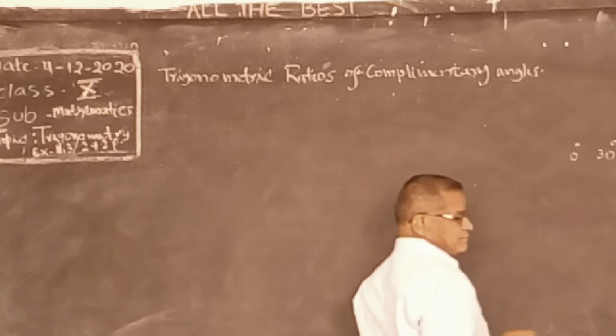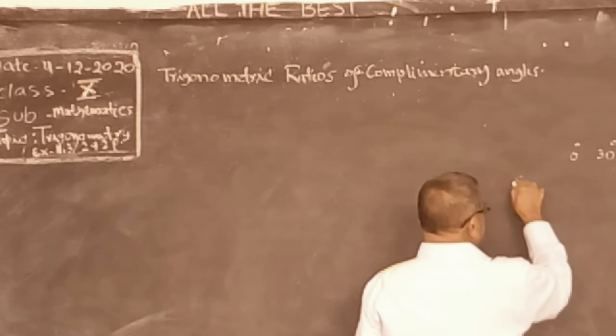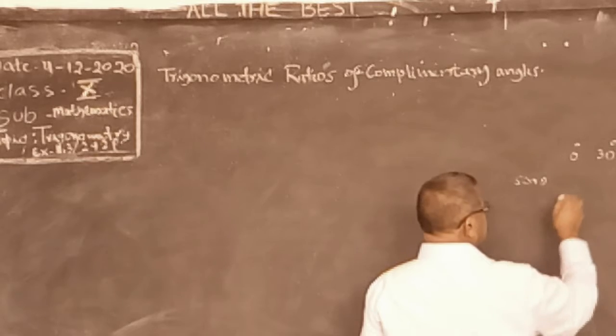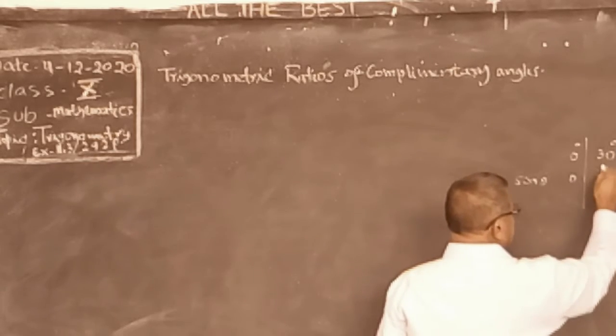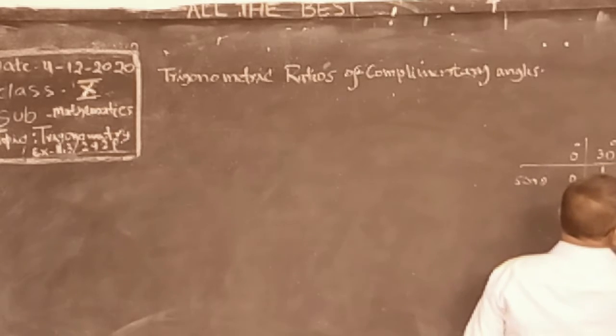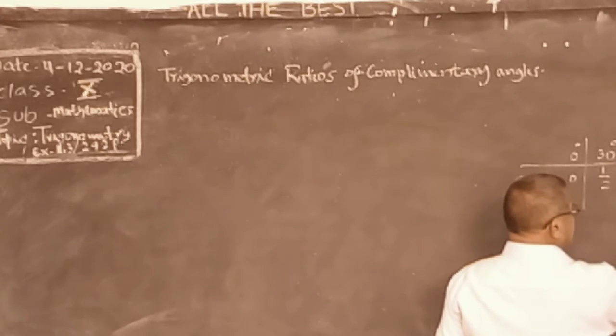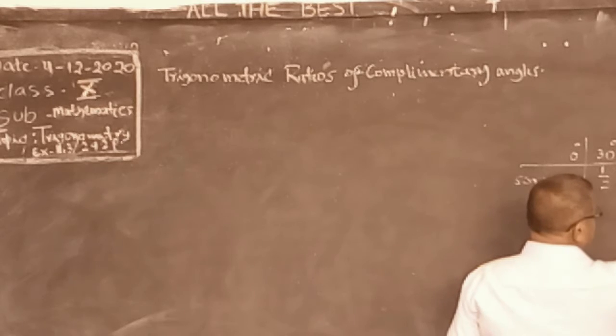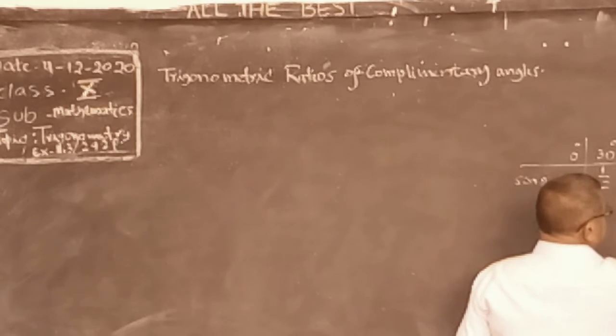We can easily find. Sin theta: 0 we can easily remember, 1 by 2, 45 1 by root 2, and 60 root 3 by 2, and sin 90 is 1.